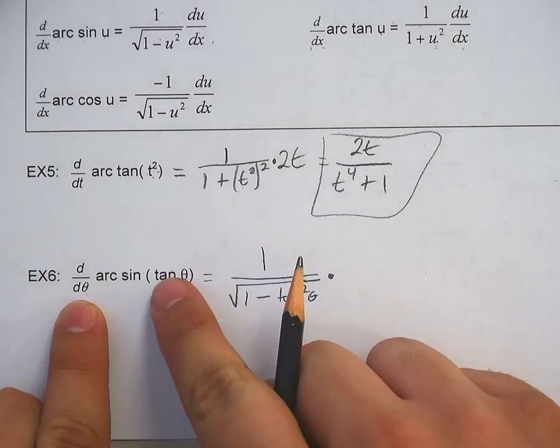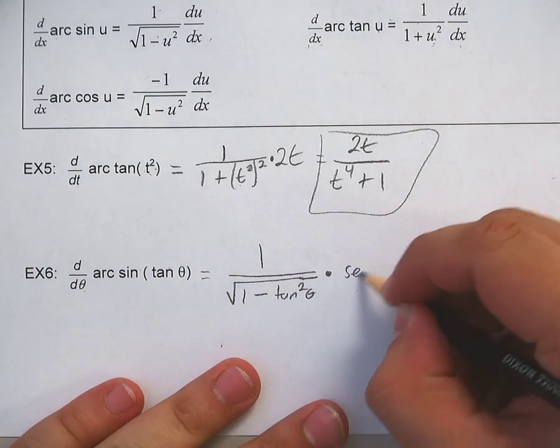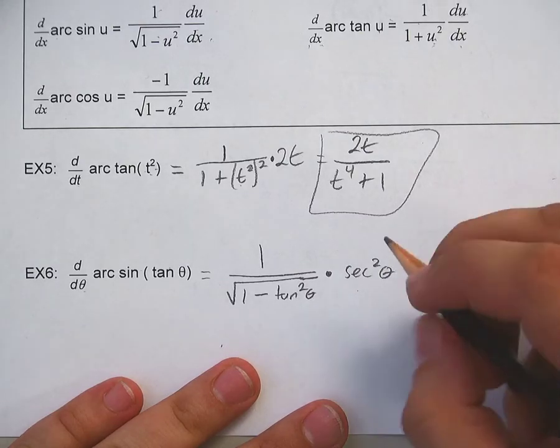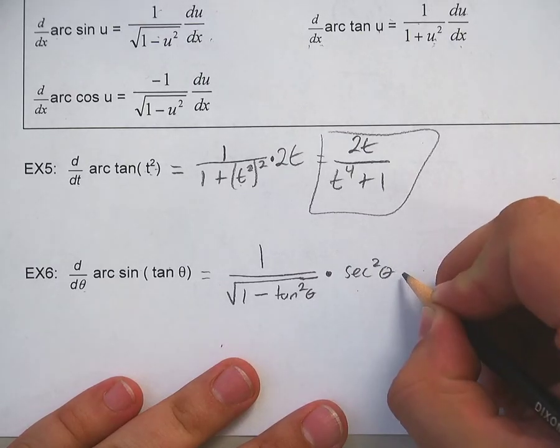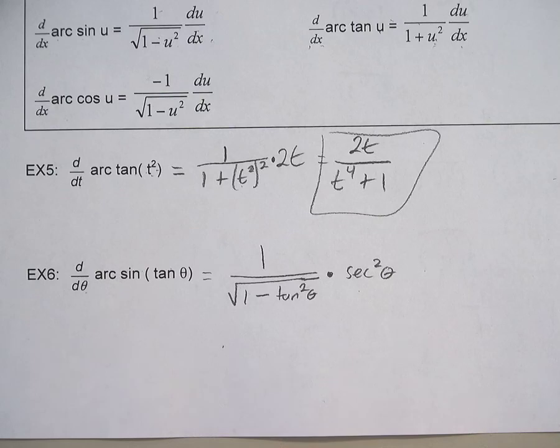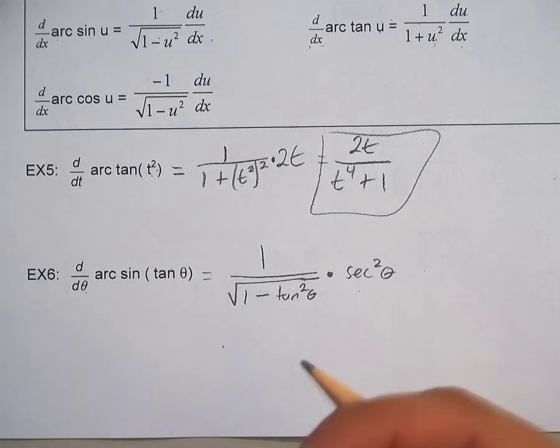So the derivative of tangent is secant squared theta. Now the secant squared theta, derivative of tangent is secant squared theta, over tangent squared theta. Multiply, put it on top.